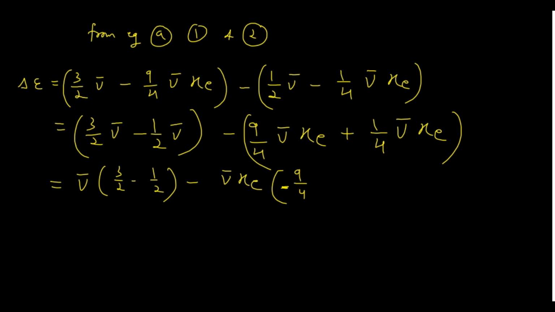So what we can do, I can eliminate this negative from here, so I can take nu bar XE common, so this would be minus 9 by 4 plus 1 by 4. So what this will give you, see, this is nu bar of 2 by 2, okay.